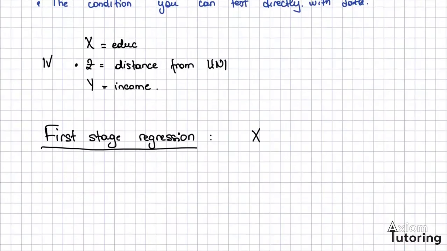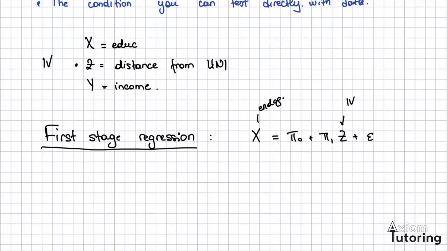So this is x equals, let's say, pi 0 plus pi 1 z plus an error term, epsilon, okay? We are regressing x, which is our endogenous variable, on z, which is our instrumental variable. Keep in mind, we're not using y in here, just x on z, because we're trying to figure out if there is some clean variation in x that can be explained by z.